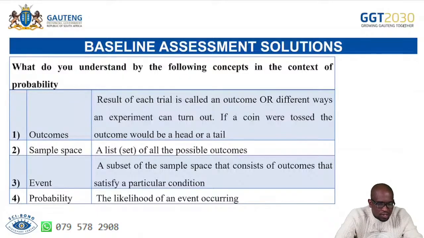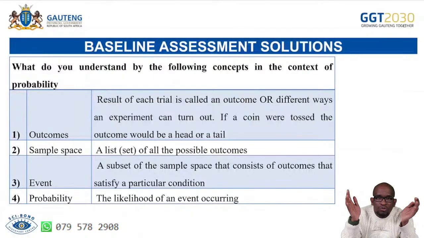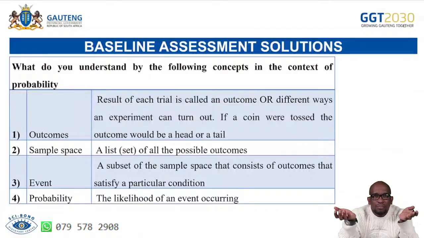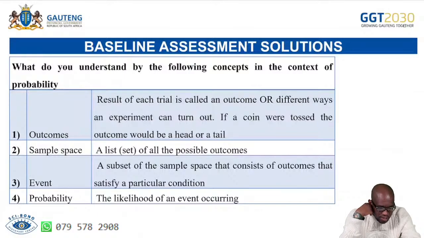Sample space is the list or set of all possible outcomes. And then an event is a subset of the sample space that consists of outcomes that satisfy a particular condition.